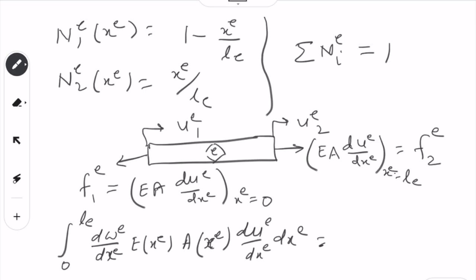So for example, this will be equal to, and then it will be 0 to Le again, you will have b x e, then it will have w e x e dxe.